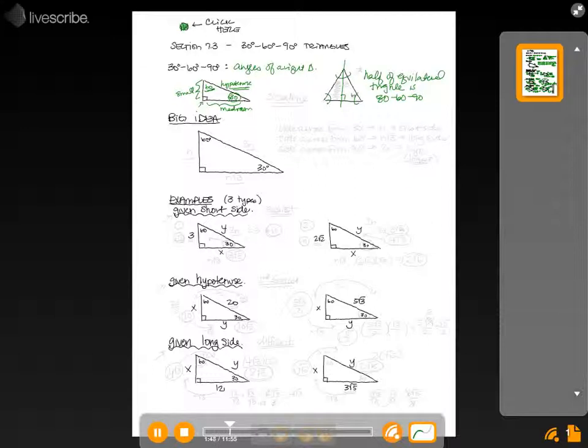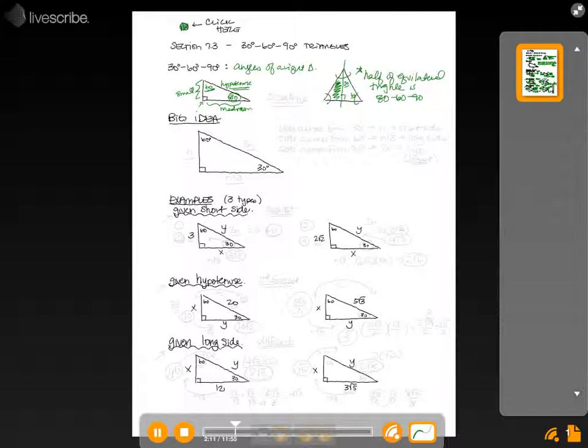Our big triangle here would be 60, and we draw that straight down and make a right angle, which would mean this has to be 30. So half of it would be a 30, 60, 90 triangle. We will not see an example of that in the video. You will see an example of that in class on your worksheet. So make sure you remember that. Half of an equilateral is a 30, 60, 90 triangle.